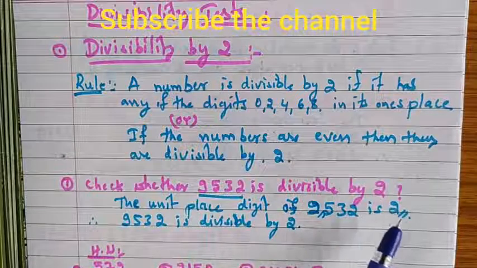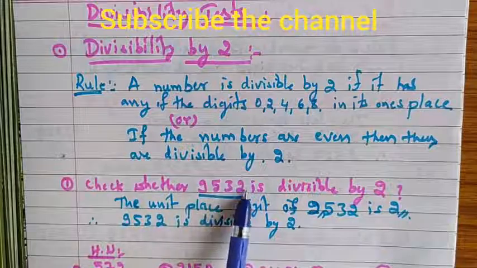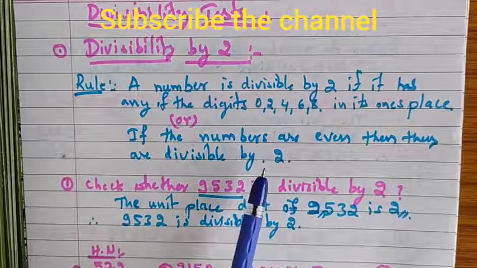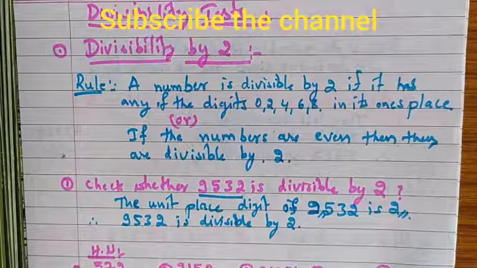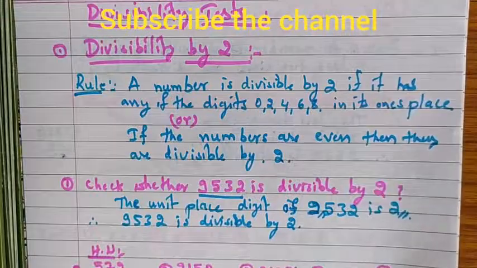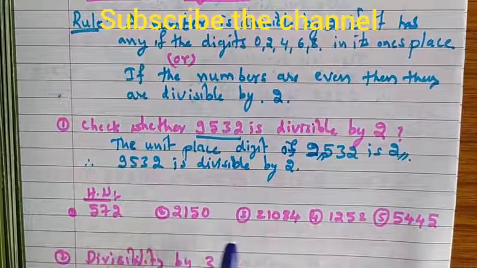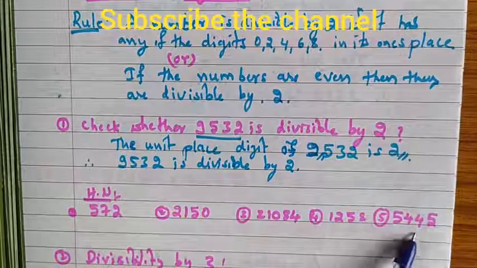So the number is even, therefore it is divisible by 2. You already know the rule: if the numbers are even, then they are divisible by 2. Then next homework: 572, 2150, 21084, 1258, 5445.